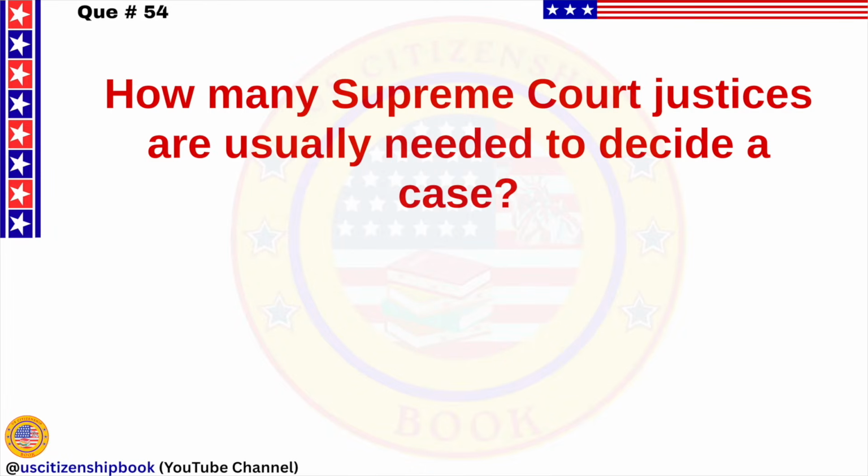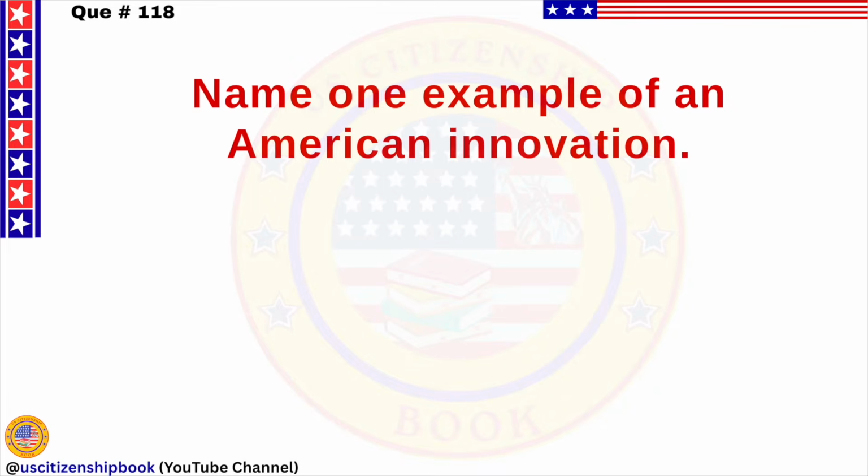How many Supreme Court justices are usually needed to decide a case? Five. Name one example of an American innovation. Light bulb.